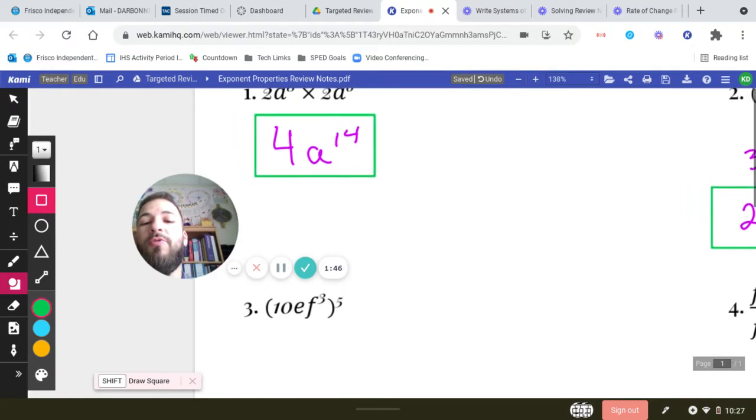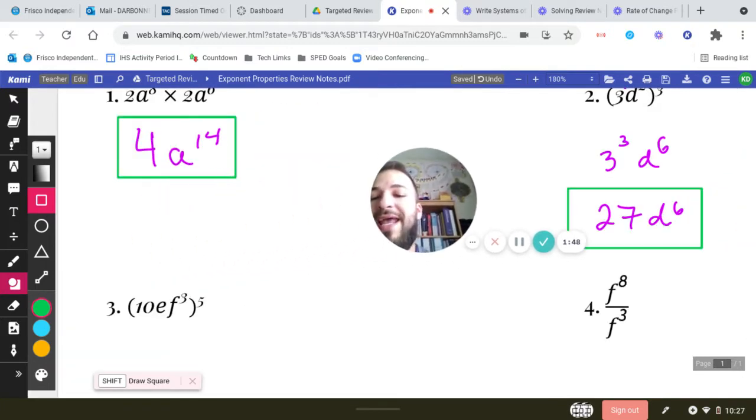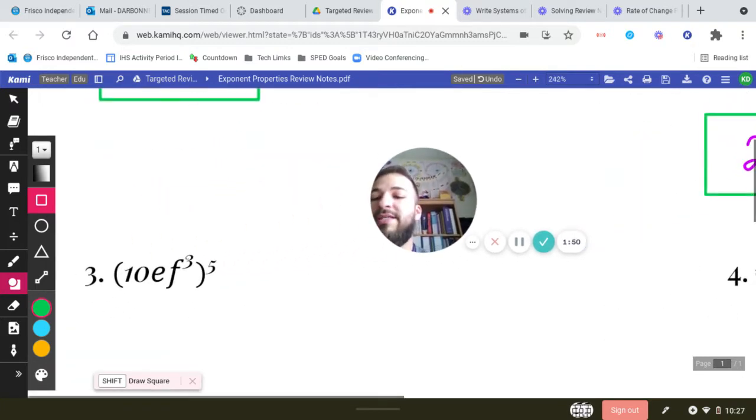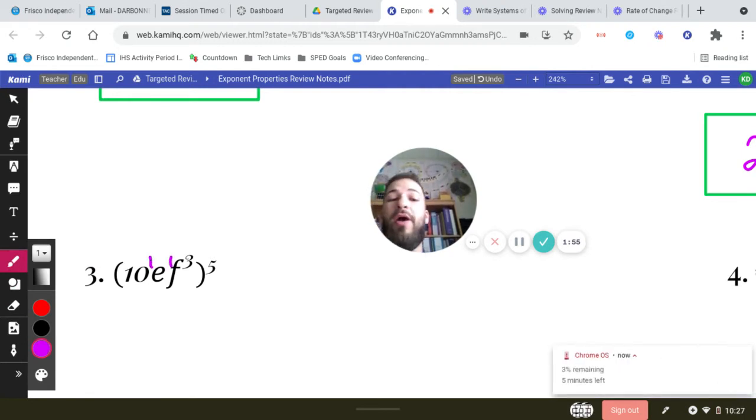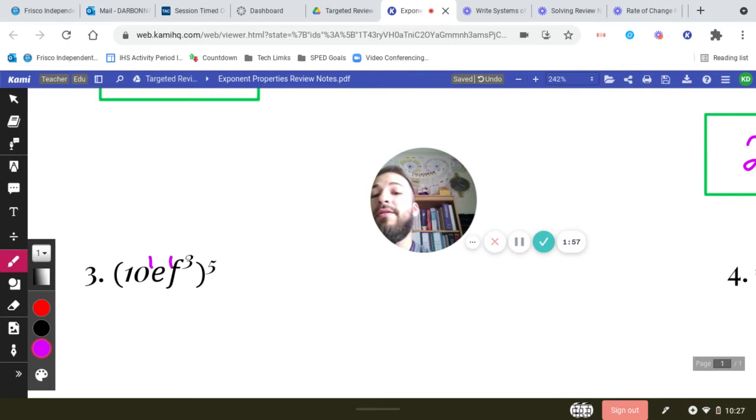All right, let's look at another one. Number 3. We have 10ef cubed, all raised to the 5th. So anything that doesn't have an exponent, I'm going to go ahead and give an exponent of 1. Then I take that 5, distribute it to everything on the inside. So 10 to the 1st times 5 becomes 10 to the 5th.